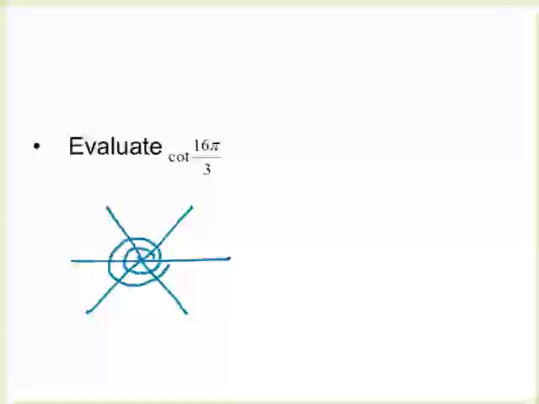Twice, I cover 12. 13, 14, 15, 16. So I have to go around quite a bit. You do not need to draw the spiral if you don't want to. It doesn't really matter how many times we go around. In the end, all that matters is where that angle stops. So if you don't want to draw the spirals, you don't have to. But to get to 16, we have to do 6 all the way around once, 12 all the way around twice, and then 4 more sections.